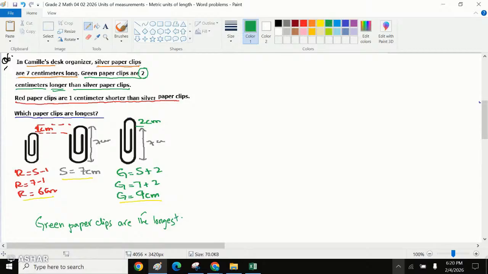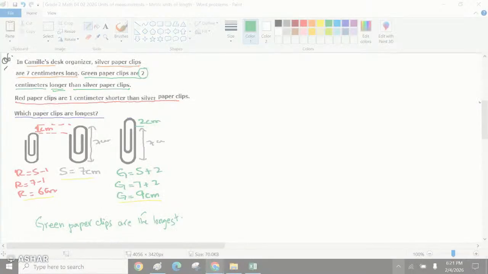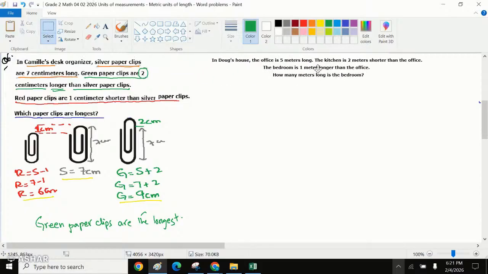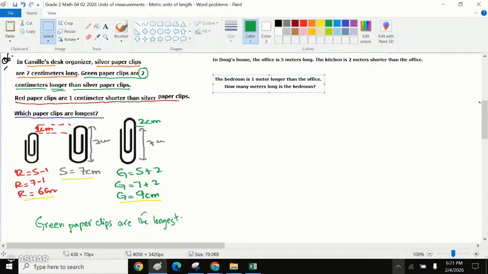Okay, let's have a look at the next question. In Doug's house, the office is 5 meters long. These are the values that are given to us. The office is there, the kitchen is there, and the bedroom is there.